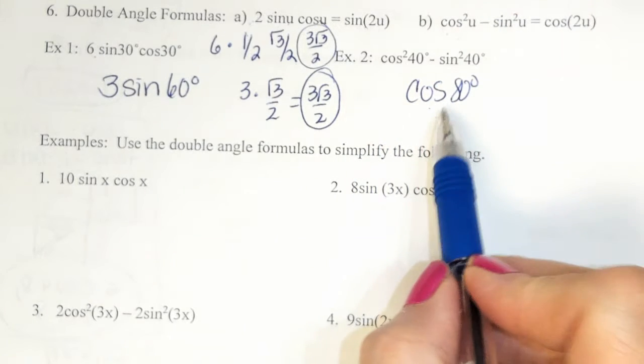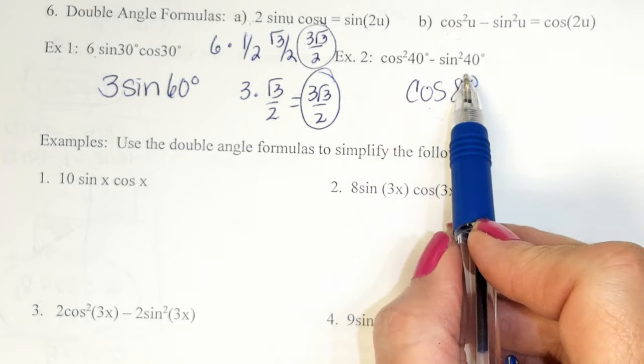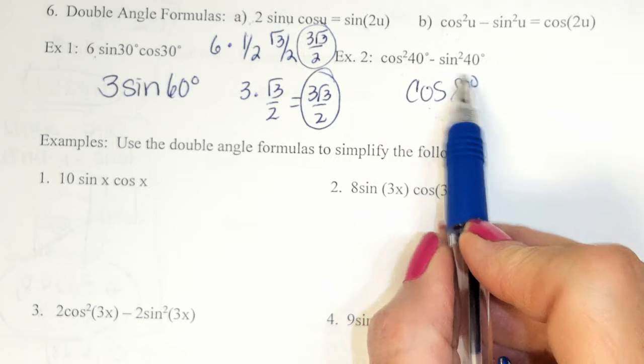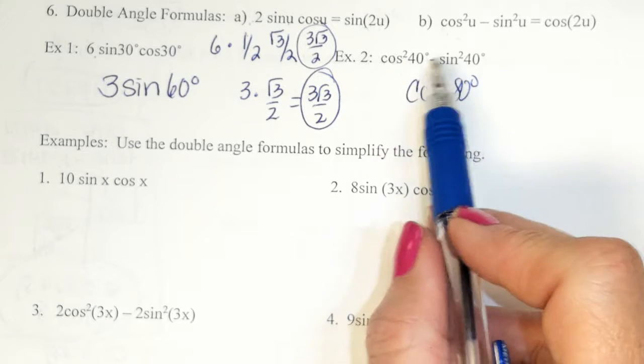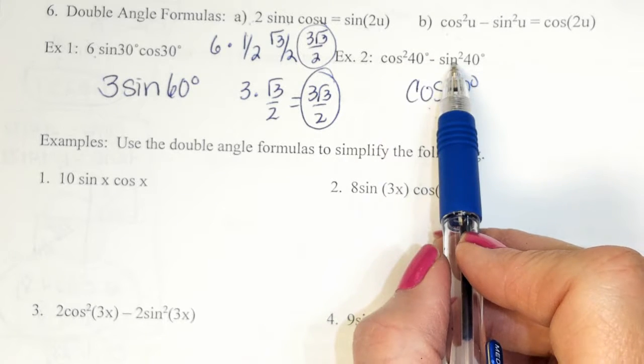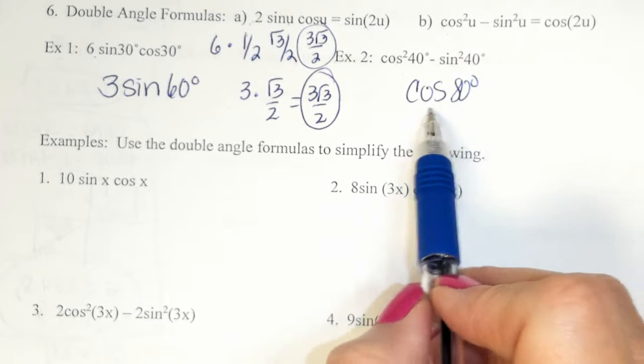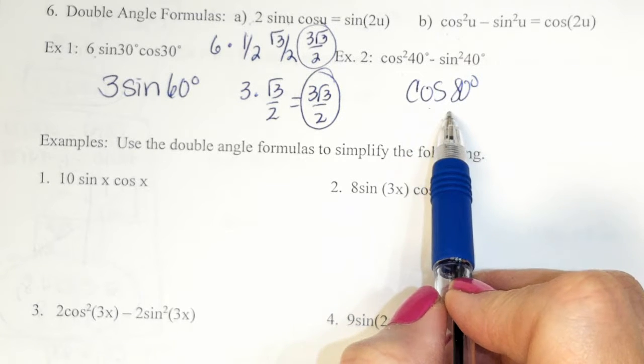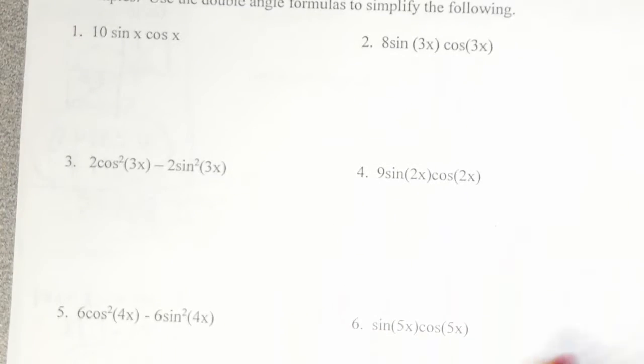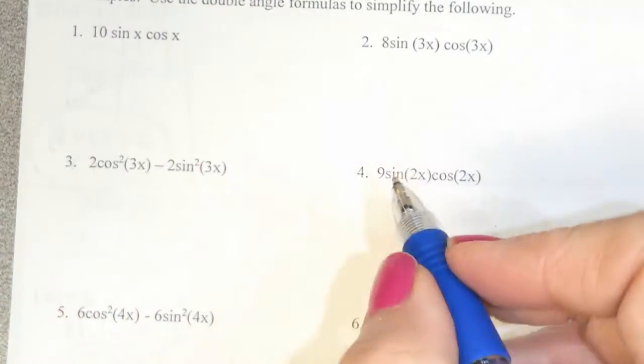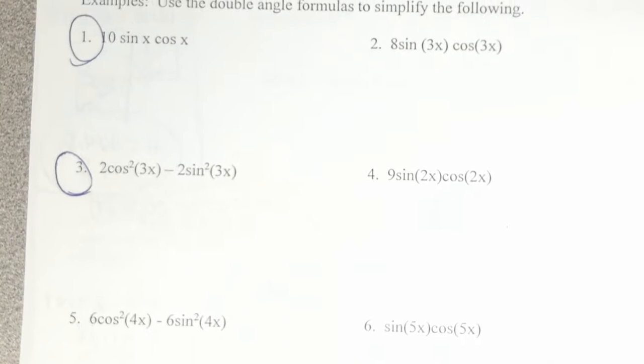Wouldn't you much rather type that into your calculator than having to type in all of that? In calculus, we do a bunch of work with derivatives, integrals. We get an answer like this that we have to evaluate. Too difficult. But if we know that pattern, all we have to do is type that in. Okay? Let me have you guys just do 2 down here just to check you've got it. Let's have you do number 1 and 3 on your own or with a partner.